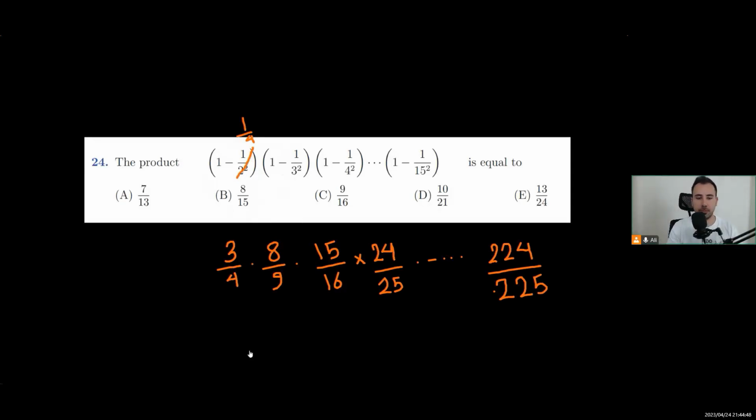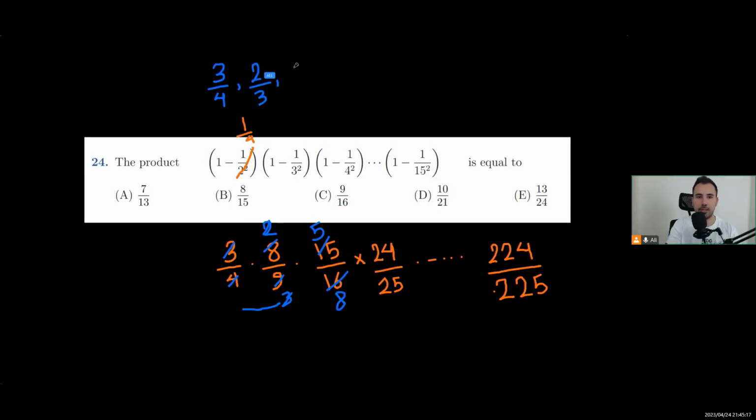Okay, the first term is just 3 over 4, so I'm going to write it here. Okay, the next one is when we multiply these two. This would be 3, this would be 2. So the next one is 2 over 3. Okay, so 2 over 3 multiplied by this would be 5, this would be 8.